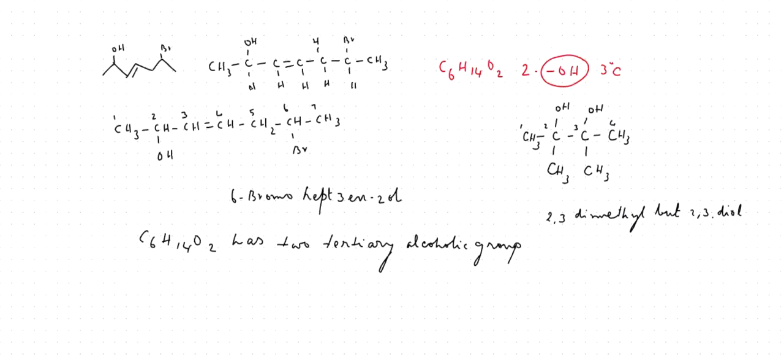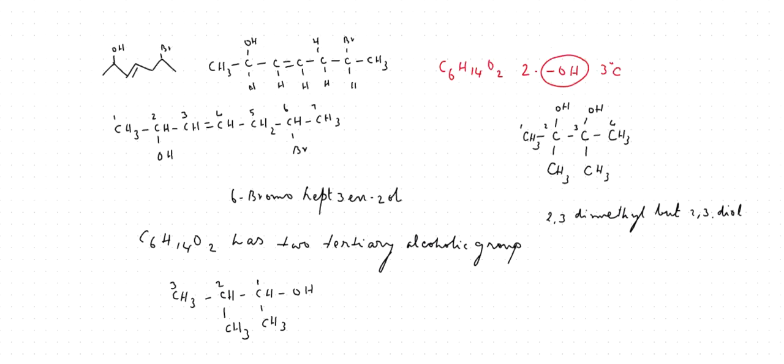Another compound also we can try: CH3, CH, CH(OH), CH3, CH3 is a secondary alcohol. So nomenclature: 1, 2, 3.